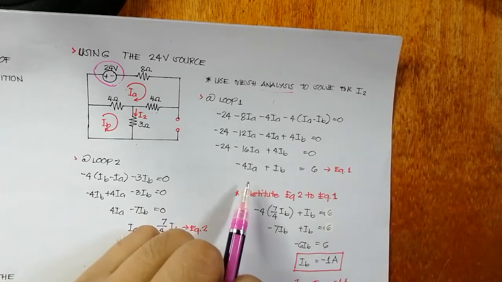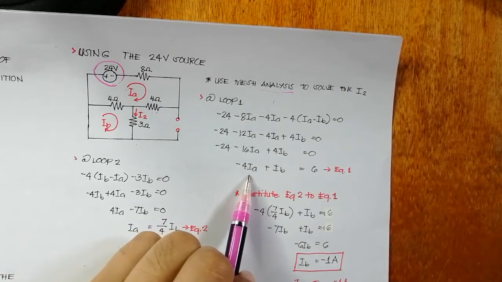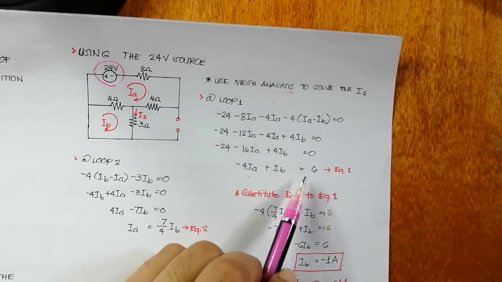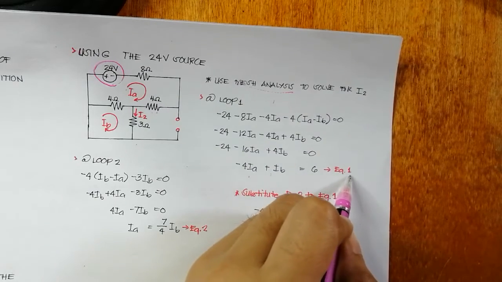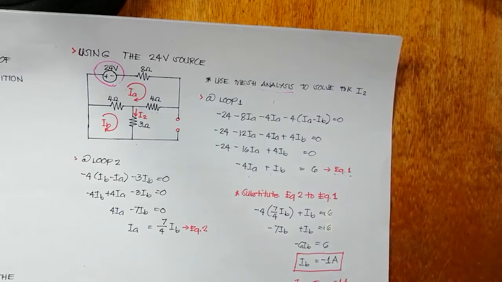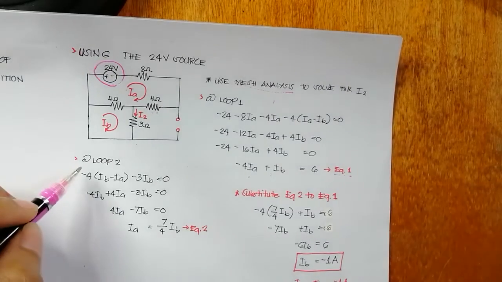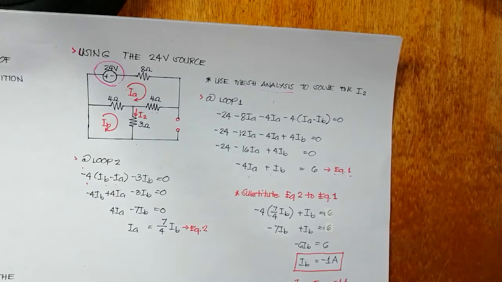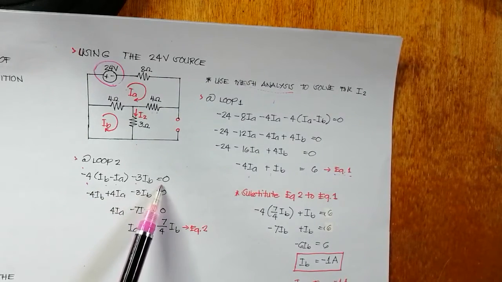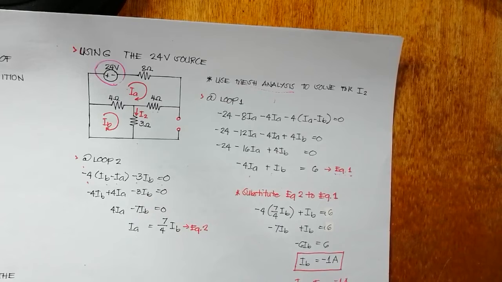Then we can further reduce it to negative 4IA plus IB is equal to 6. We will now call it equation 1. Then at loop 2, we have negative 4IB minus IA minus 3IB is equal to 0.